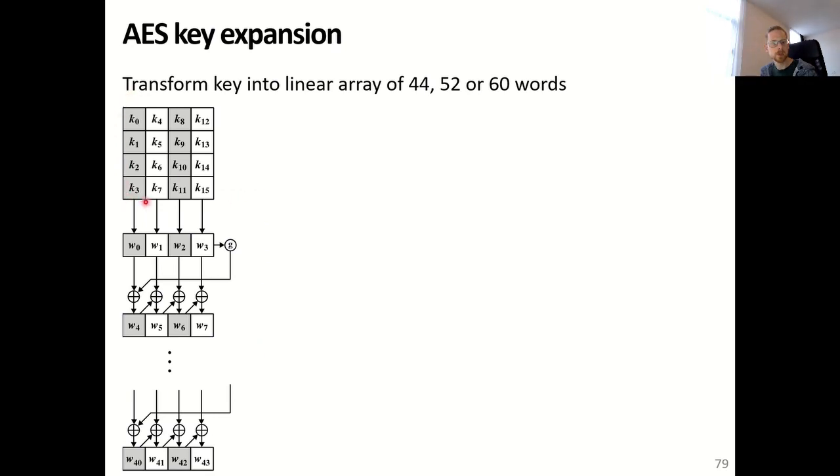The original key is directly transformed into the first round key. So bytes K0 up to K3 form word 0, and K12 up to K15 form word 3. Then these initial 4 words are combined using an XOR operation and a function G into 4 new words.